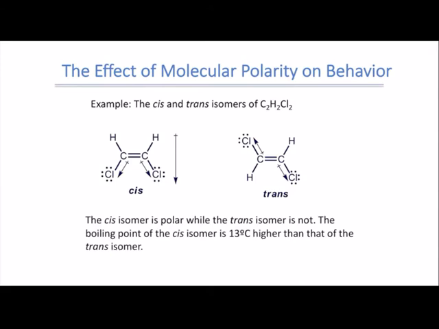We can even see how this polarity would affect other molecules. So if we look at C2H2Cl2, they have what we call cis and trans isomers. We call it cis because the chlorines are on the same side. And then this one is trans because the chlorines are opposite to each other.